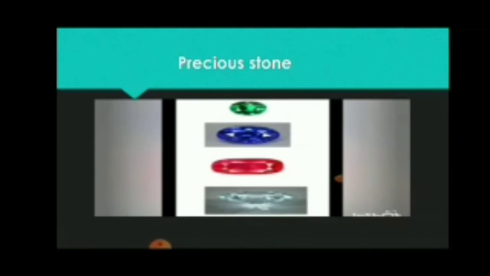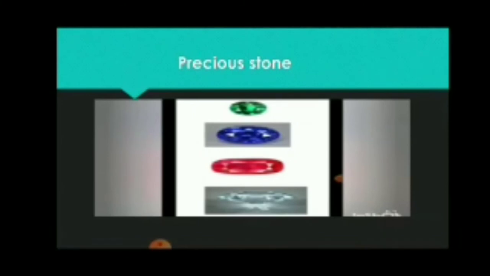Diamond has a high dispersion, a characteristic fire, with industrial applications, and is desirable as jewelry. Then we have emerald, which is green in color. It is the green variety of beryl, the most famous and valuable green gemstone.